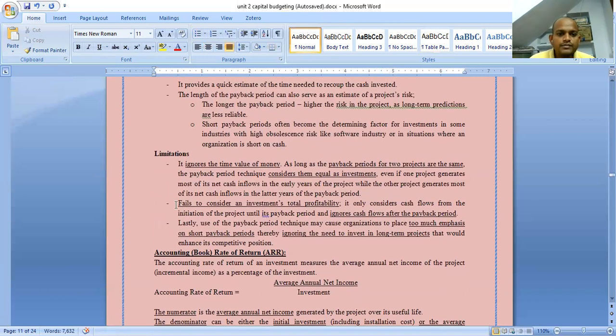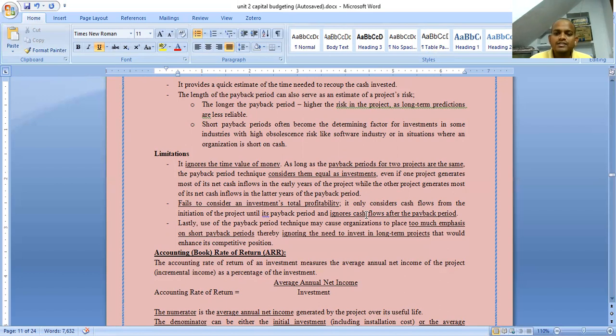And it fails to consider the investment's total profitability. So it ignores cash flows after the payback period. Just now I told you, after the payback period, it ignores the cash inflows. And there is too much emphasis on short payback periods, ignoring the need for investment in long term projects.